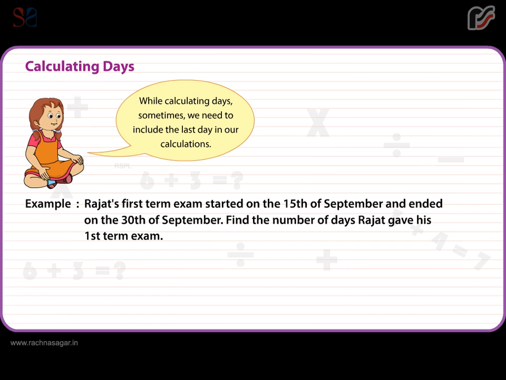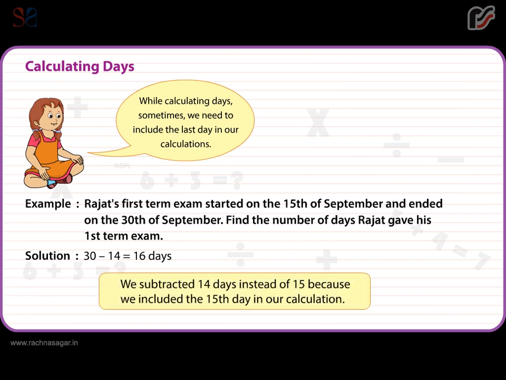Find the number of days Rajat gave his first term exam. Solution: 30 minus 14 is equal to 16 days. We subtracted 14 days instead of 15 because we included the 15th day in our calculation.